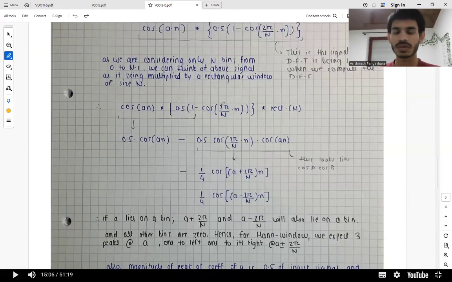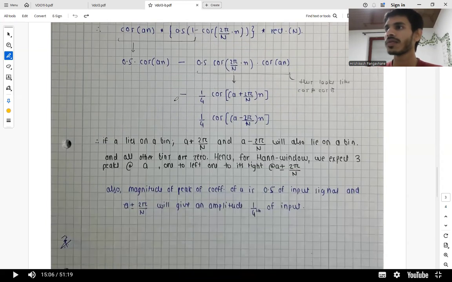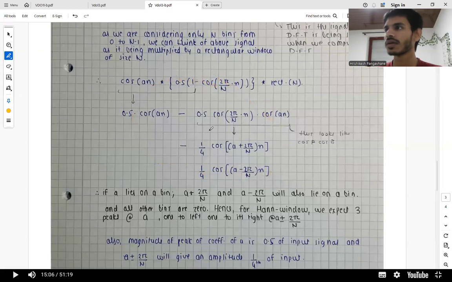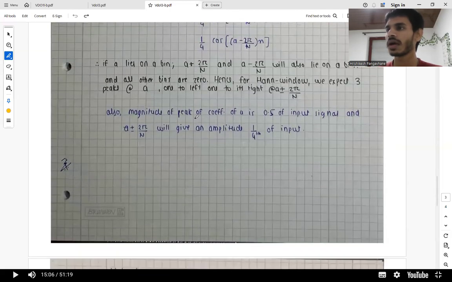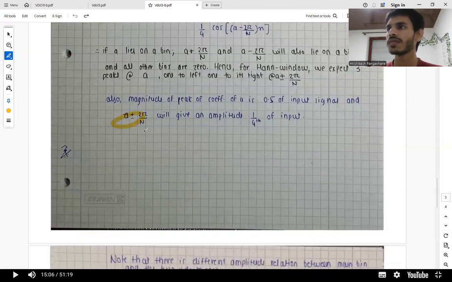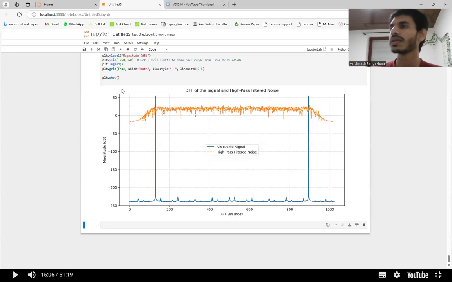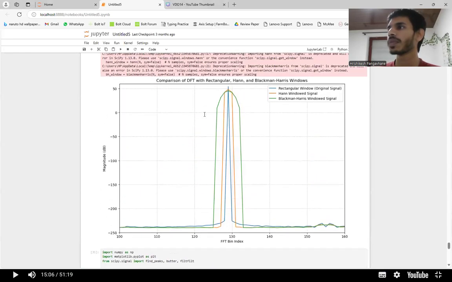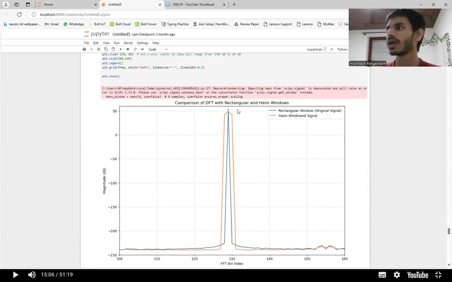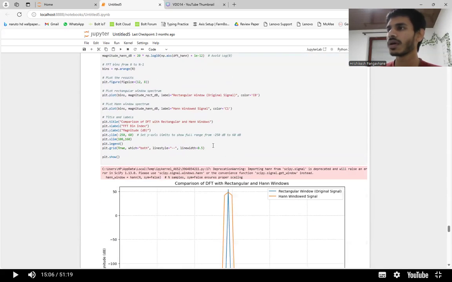Perfect. So, hi guys. In the previous video, we derived the Hann window, and we saw the plot of the Hann window itself. So we saw the Hann window over here, and this was the plot for the Hann window.